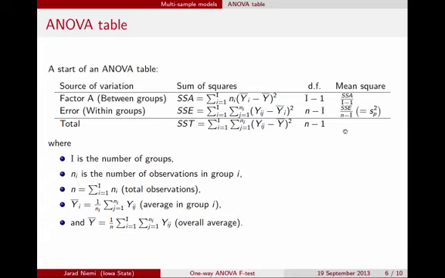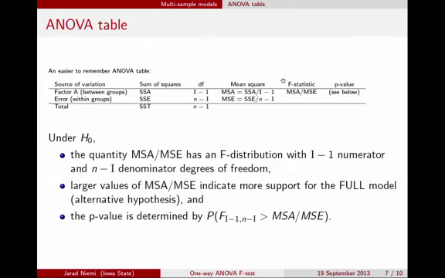So this is one way to remember the ANOVA table, but there's an awful lot of equations here, so we're going to write down a simpler form. I've told you how to calculate sum of squares total and sum of squares error, so we get sum of squares A just by taking SST minus SSE. Here again are the degrees of freedom: groups minus 1, number of observations minus the number of groups, and number of observations minus 1.